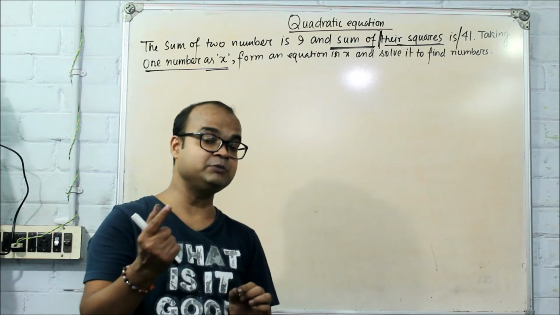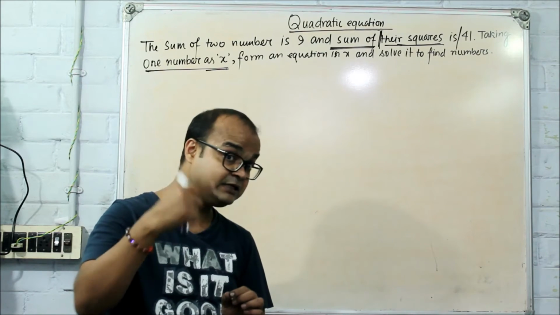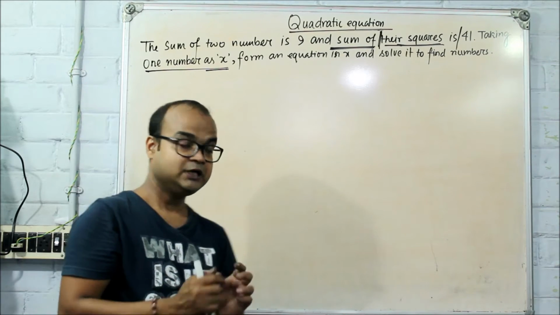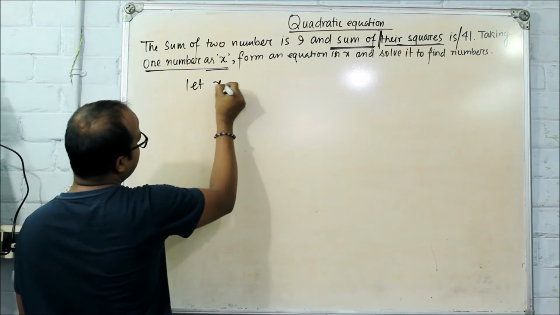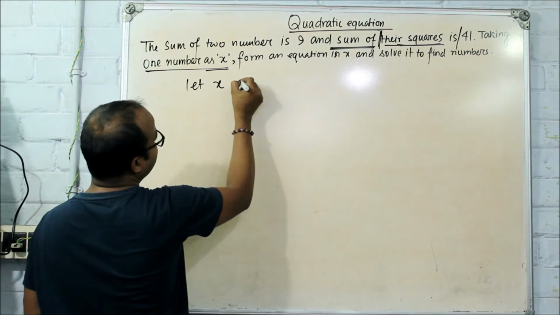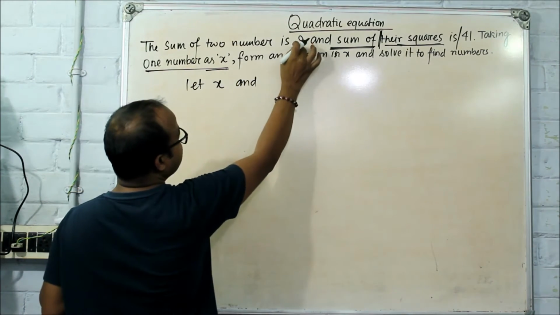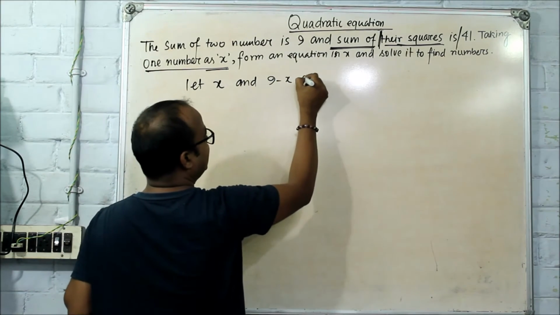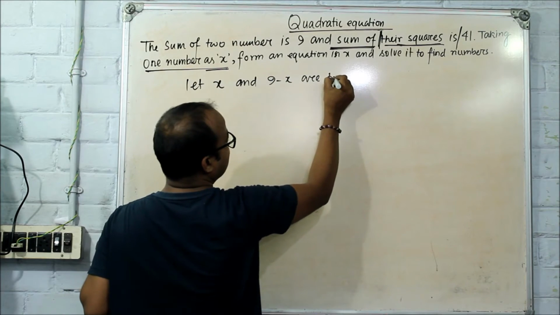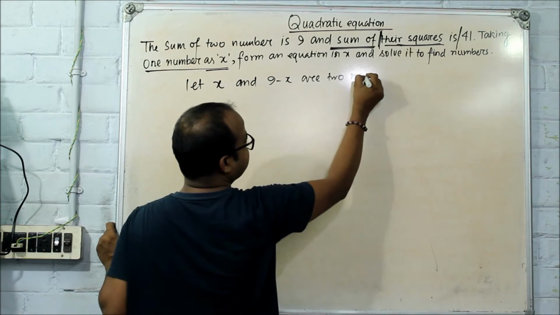Then the other number will be sum minus x. Clear? So we write, let x and sum minus x, that is 9 minus x, be the two numbers.